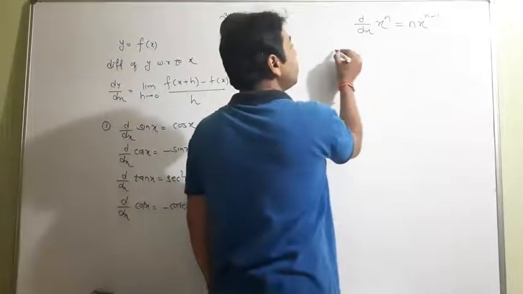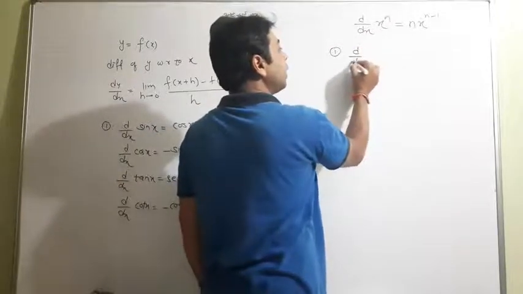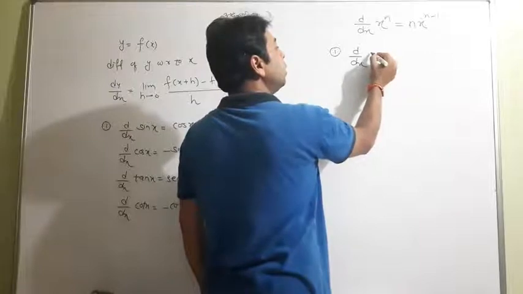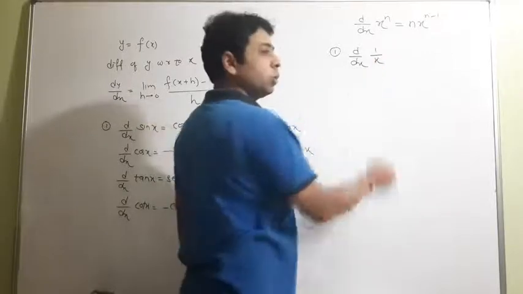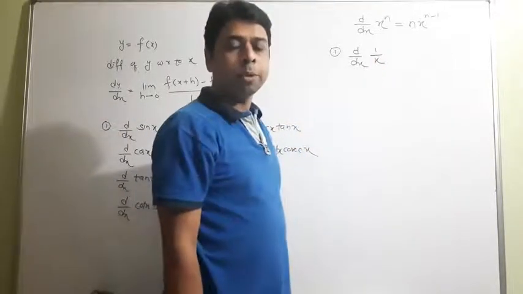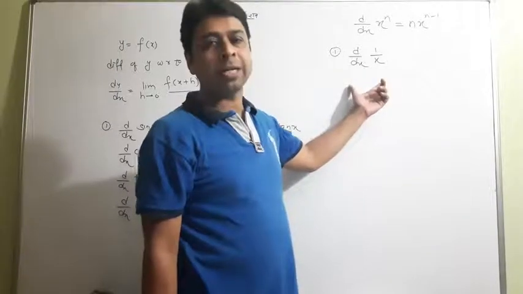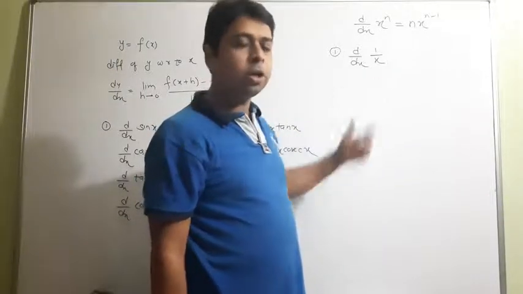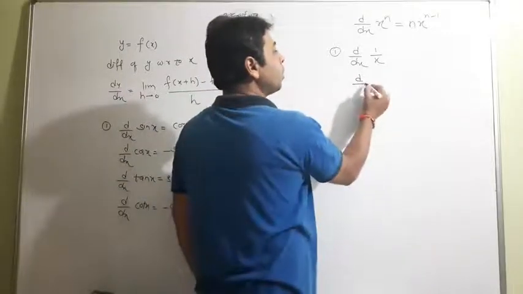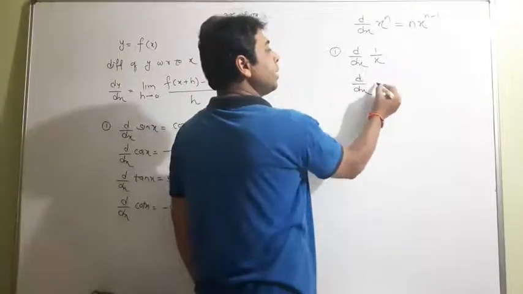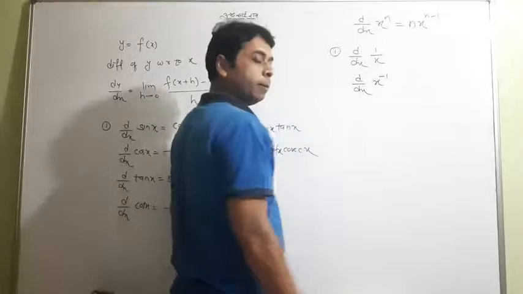Based on that, I have some special formulas, like d by dx of 1 by x. It is actually a formula, but we can also see it as a question. How can we do this? We first write 1 by x as x to the power minus 1.